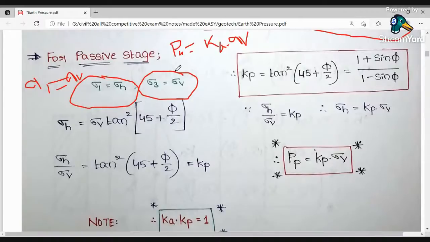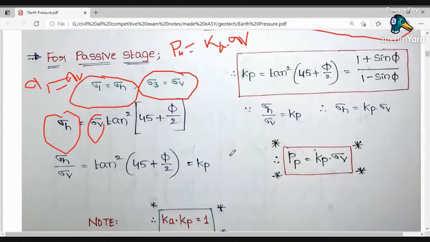So here we can substitute again from the equation for Mohr-Coulomb failure, and here the major stress is sigma h, the minor stress is sigma v, and if you find the ratio between sigma h by sigma v, we can get tan square (45 degree plus phi by 2), that is Kp.